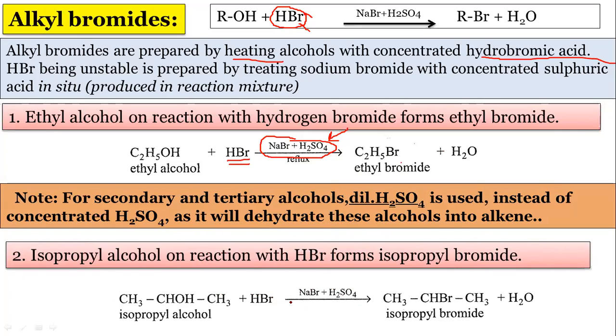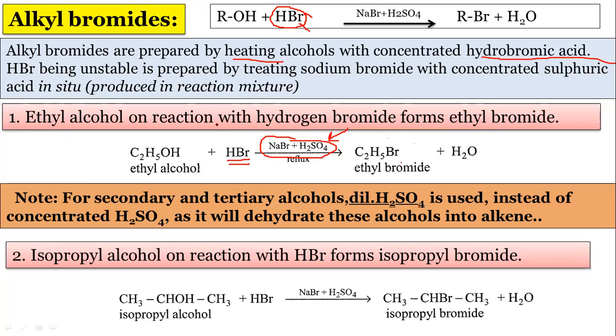Here the words concentrated and dilute are not used in this reaction, but if you are writing in wording form, you have to use it. If the secondary alcohols are heated with dilute hydrobromic acid, see here it is written: ethyl alcohol on reaction with hydrogen bromide forms ethyl chloride.